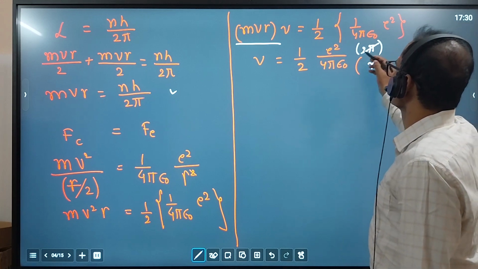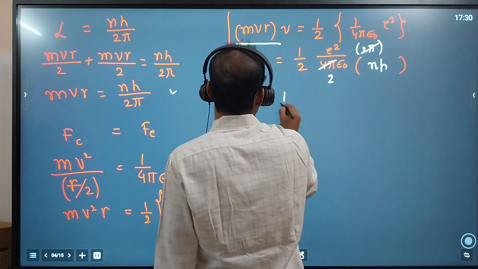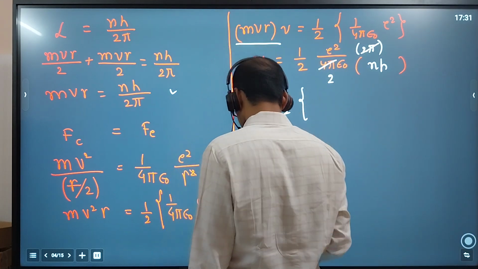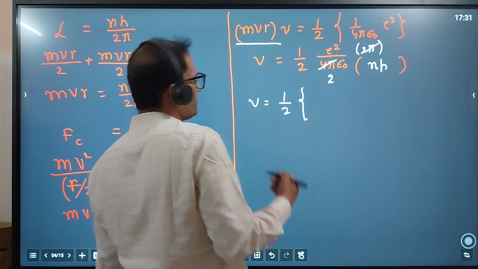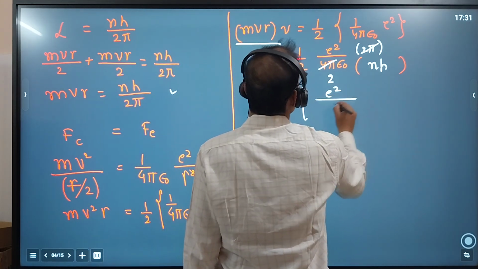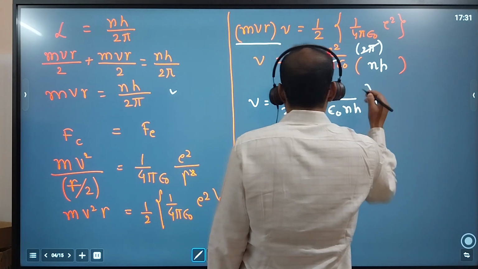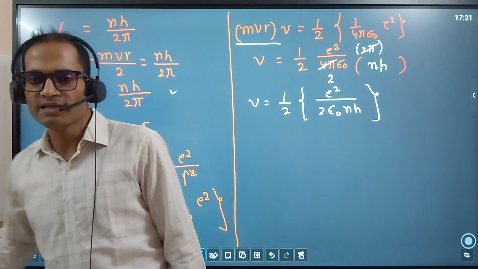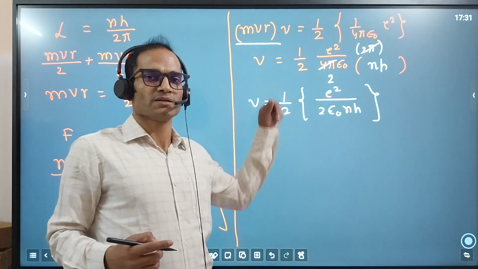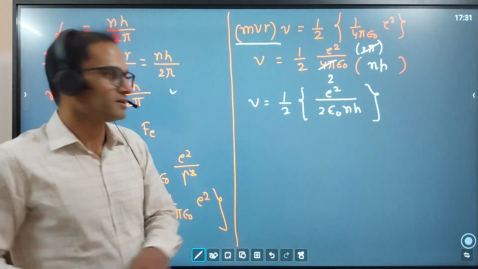So it looks like you will get 2 here, and v will be 1 by 2 e square by 2 epsilon naught nh.